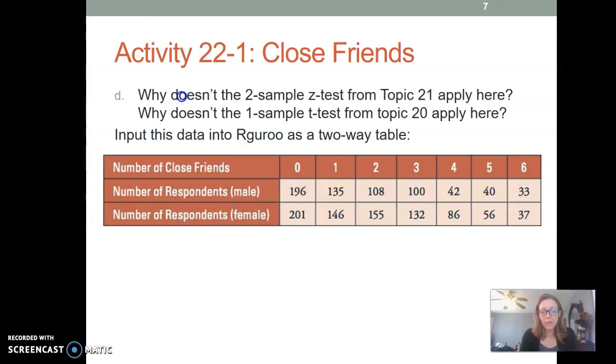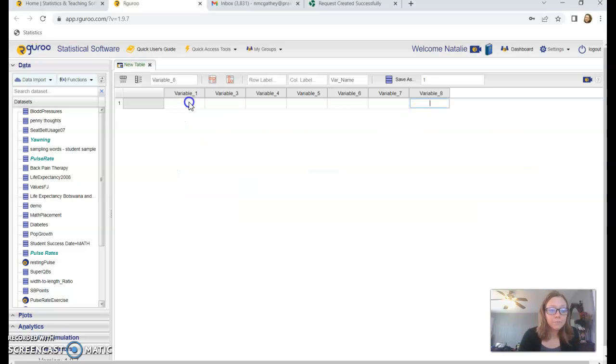According to my table here, I've got 0, 1, 2, 3, 4, 5, and 6 as possible numbers of friends that people mentioned. So that would be my variables along these column labels.